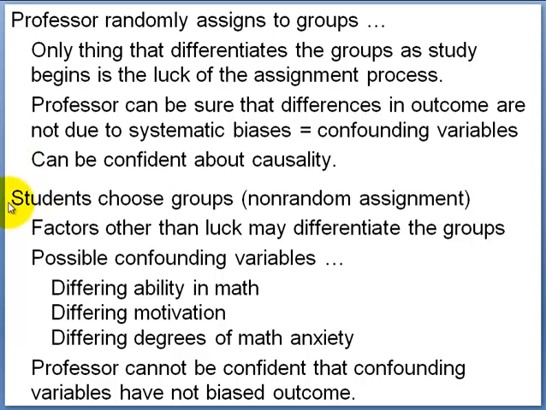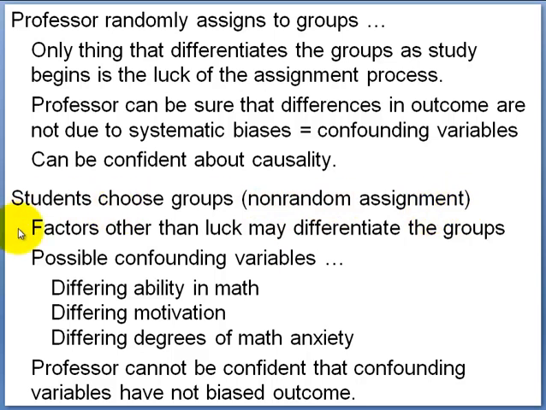Now, suppose that students choose their own groups, or for that matter, suppose that the professor assigned students to groups based on her perception of student needs. So this is an example of a study that does not use random assignment. The process of determining assignment to groups has not been carried out by a method of chance.